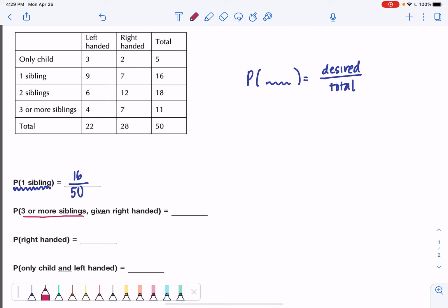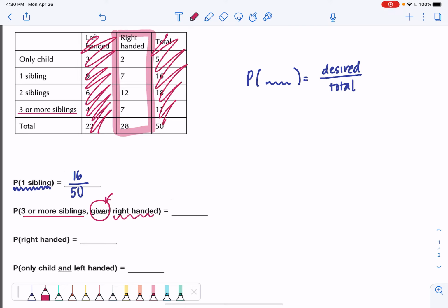3 or more siblings, so the probability of 3 or more siblings given right-handed. Given means we already know. So we know they're right-handed, which means they cannot be left-handed.